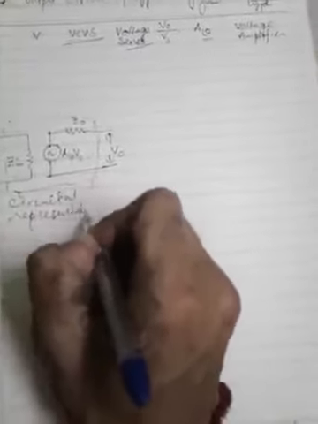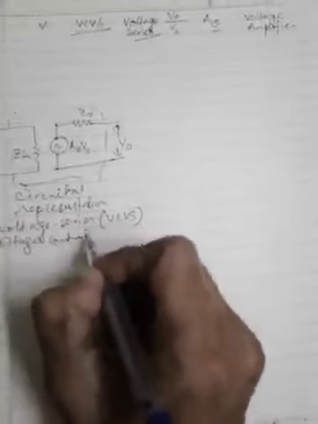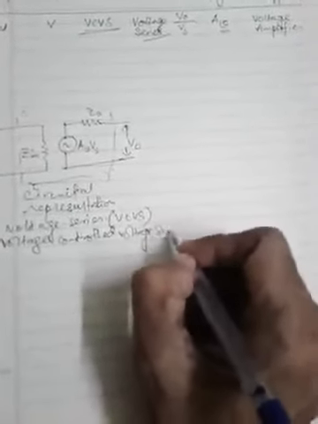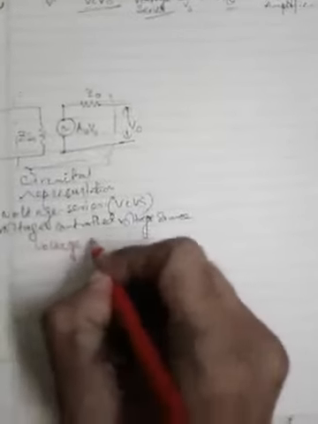So this is the circuital representation of voltage series feedback, where the circuit is named as VCVS, that means voltage controlled voltage source. And this type of amplifier, in terms of its operation, is called voltage amplifier.